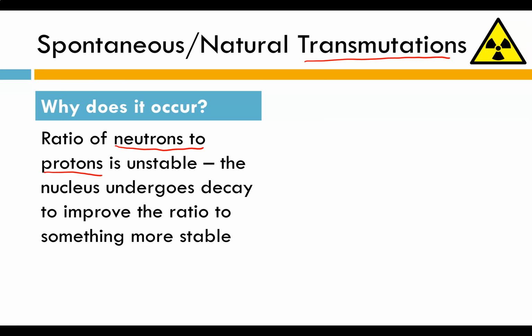And we'll talk about the different types of decay that may occur to improve the ratio to something more stable. So there are just certain nuclei where it's an unfavorable number of protons to neutrons. Sometimes there's too many neutrons, sometimes there's too many protons, sometimes the nucleus is just simply too big, but it makes it unstable. So we're going to see changes occur to try to stabilize that nucleus.